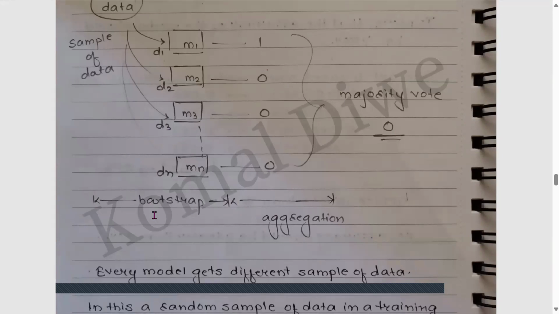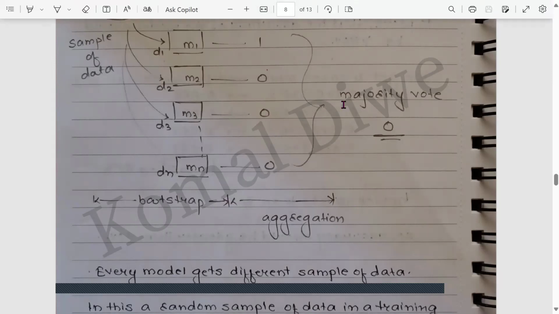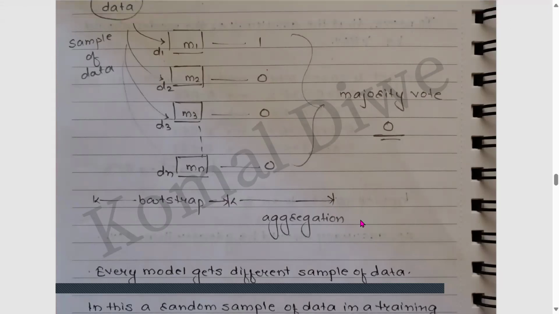This is the process of bootstrapping, from the data to the individual output of the models. The process from the individual outputs to the final output we call aggregation.